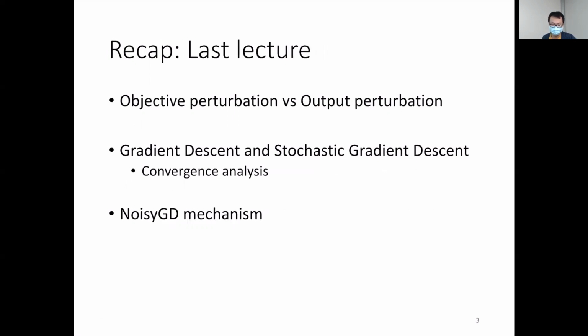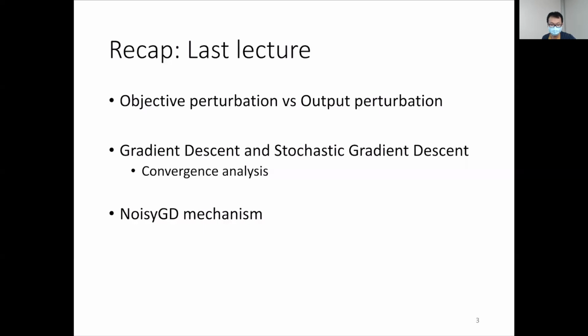We analyzed them using the tools that we learned from convex optimization. And then we talked about their limitations and moved on to a new family of iterative algorithms called gradient descent and stochastic gradient descent.